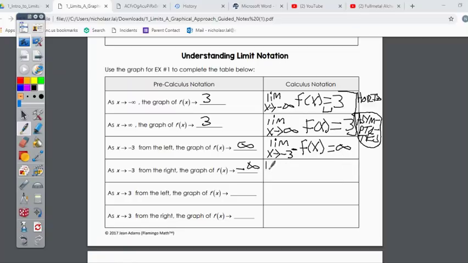And this says the limit as x approaches negative 3 from the right of f of x is equal to negative infinity. Those are horizontal asymptotes. These are vertical asymptotes.